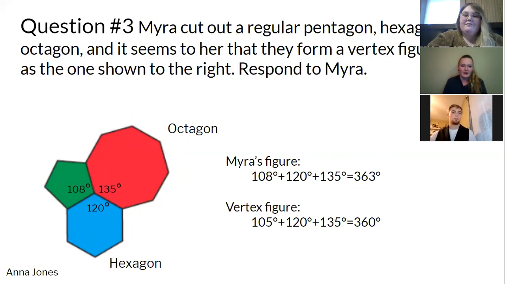I don't think this actually makes a vertex figure, because in Myra's version, the interior angles are 108 degrees, 120 degrees, and 135 degrees, which adds up to 363 degrees. So it doesn't equal that full 360, like a normal vertex figure would. So her figure has some overlapping in it.